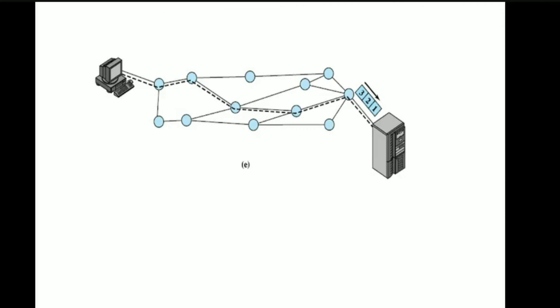Error control is also provided by the virtual circuit, because packets arrive in the proper sequence and also arrive correctly. So this virtual circuit network provides us error control and sequencing. These are all the advantages of virtual circuit.